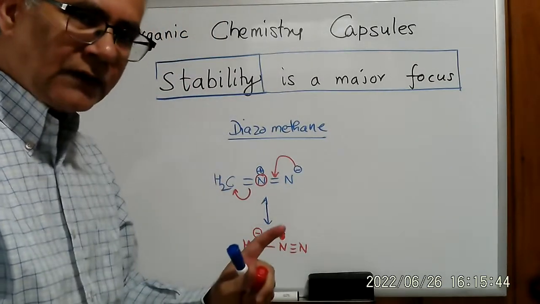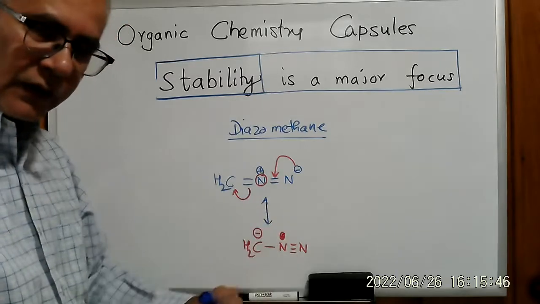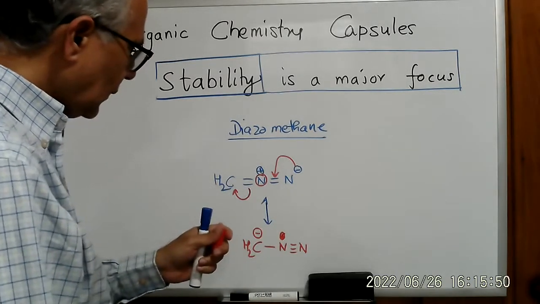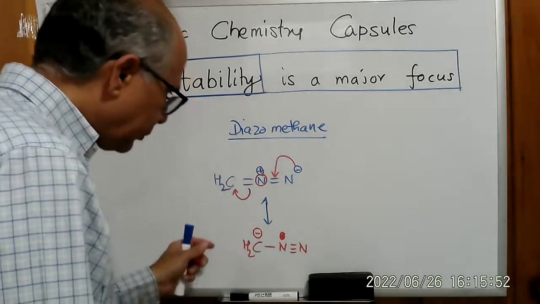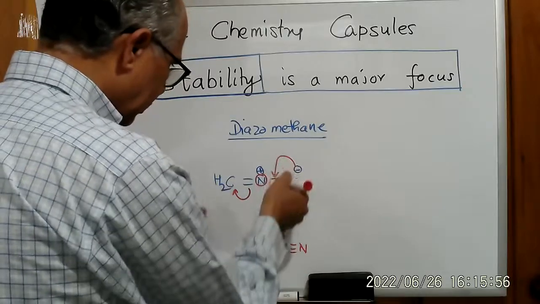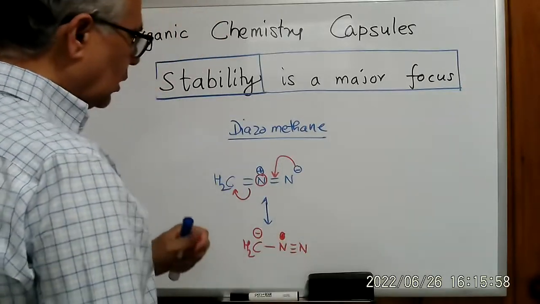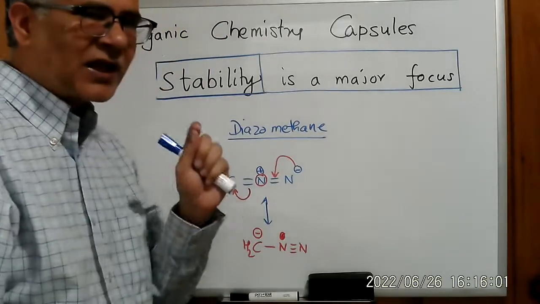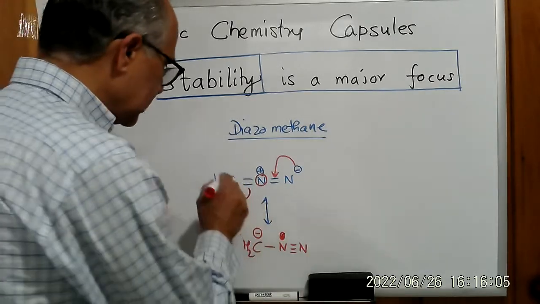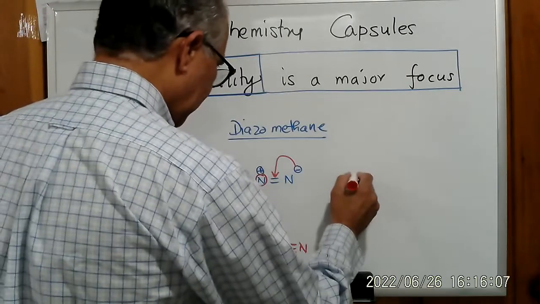And that brings up another rule of resonance. Okay? So that rule is all the possible resonance structures that we draw, here there are 2 of them, the original one and then this one, must have the same total charge. Okay? The total charge in this structure is 0.